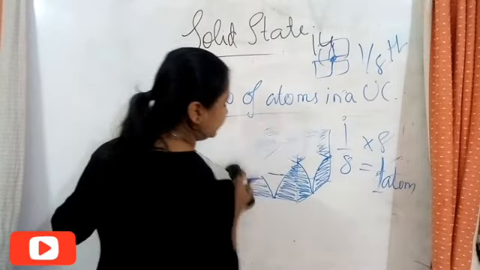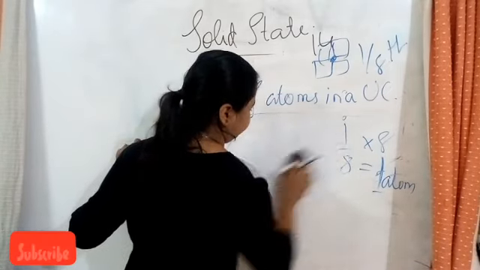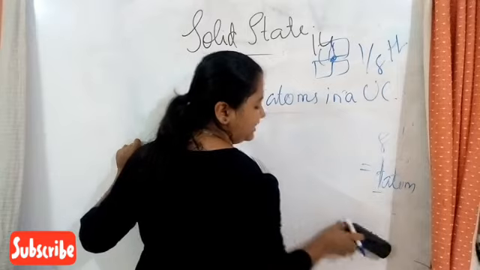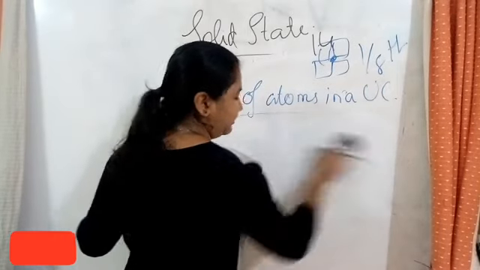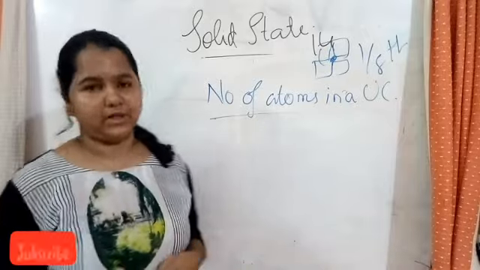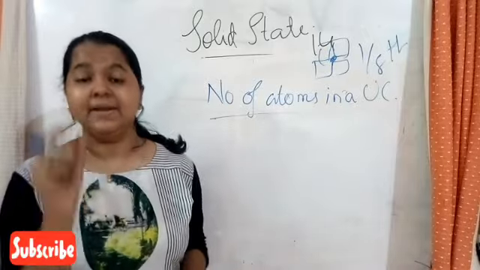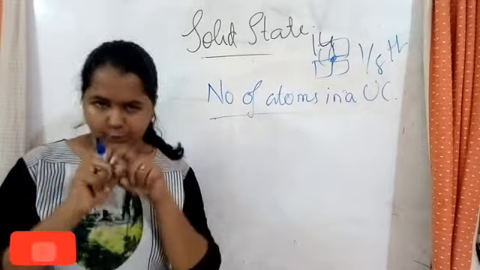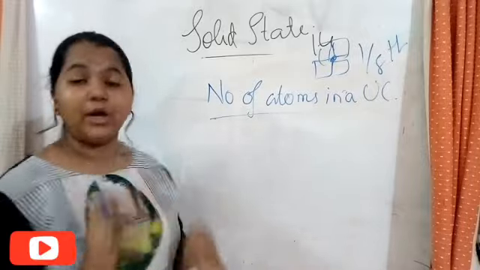Body centered. What is it that is different from our simple cubic? One atom is completely inside the cubic cell. So what is the conclusion?